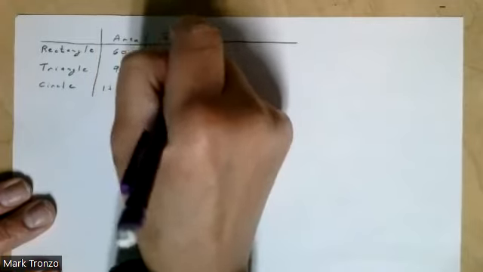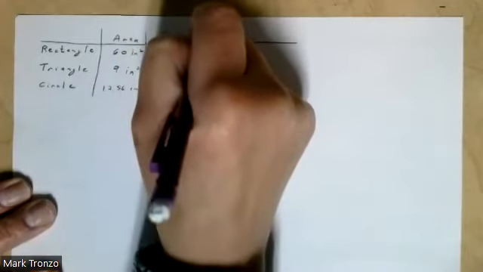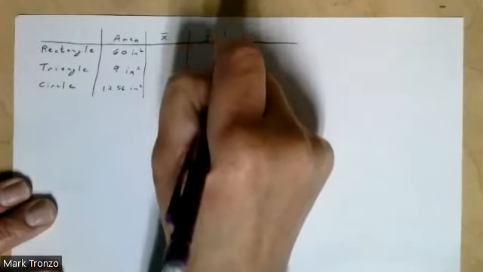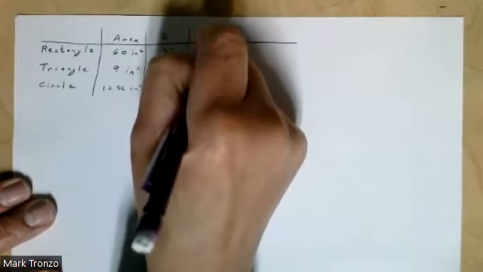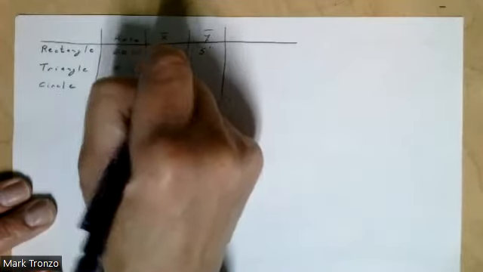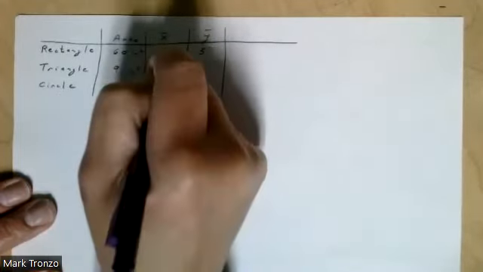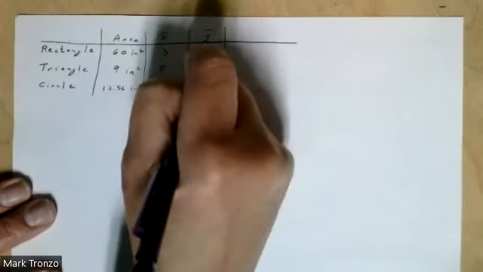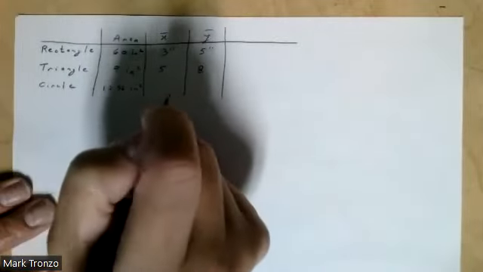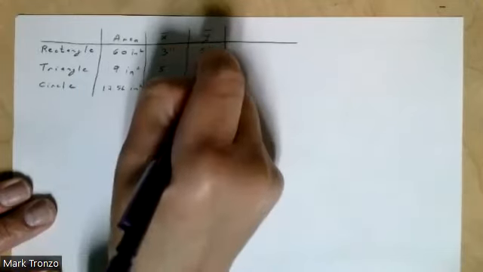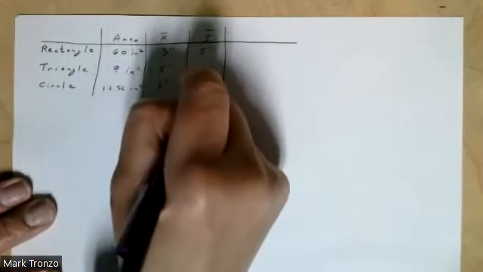And then our X bar and our Y bar. Our X bar and Y bar were 3 and 5 for the rectangle, 5 and 8 for the triangle, and 3 and 4 for the circle.